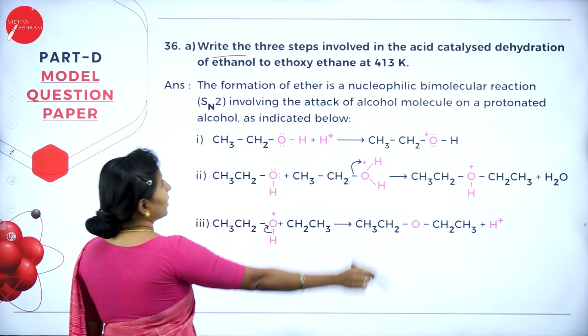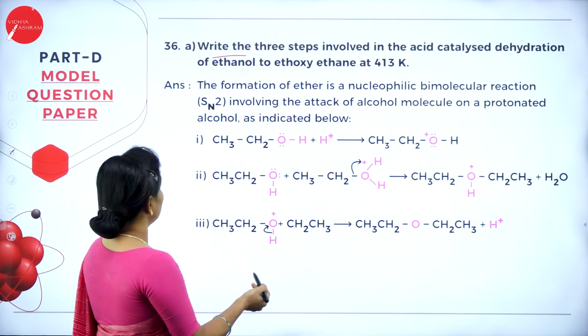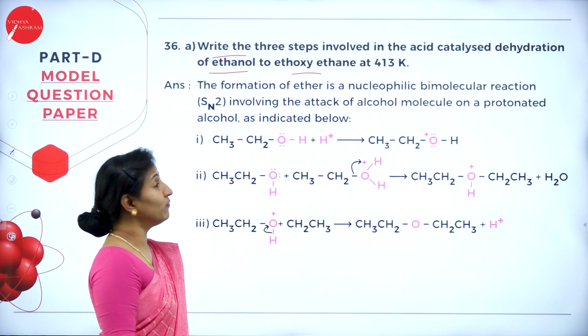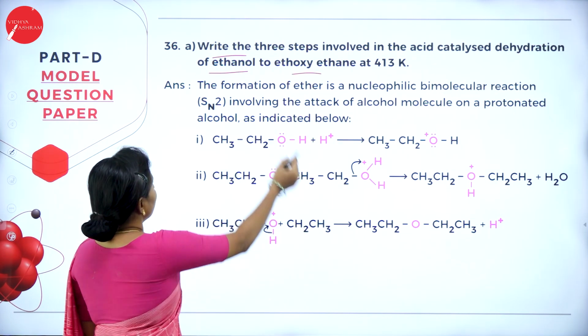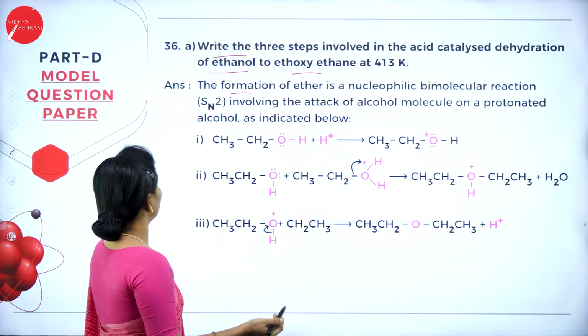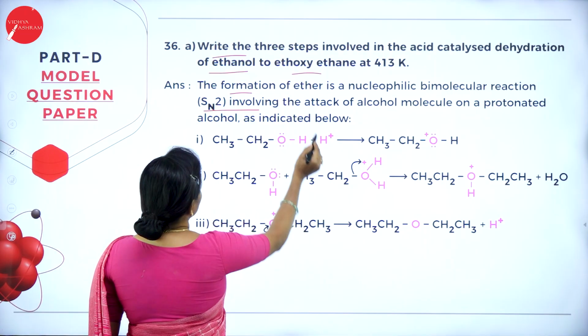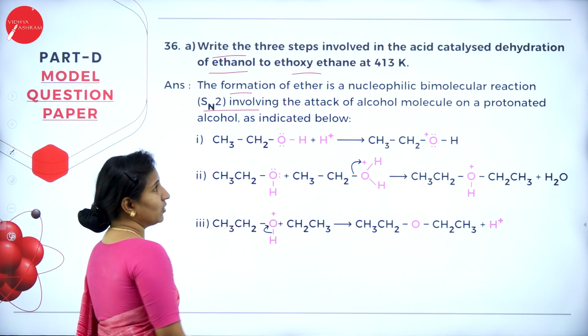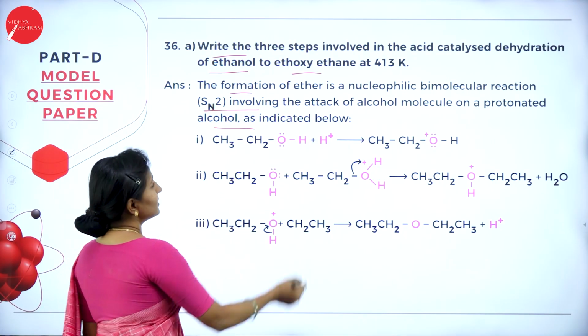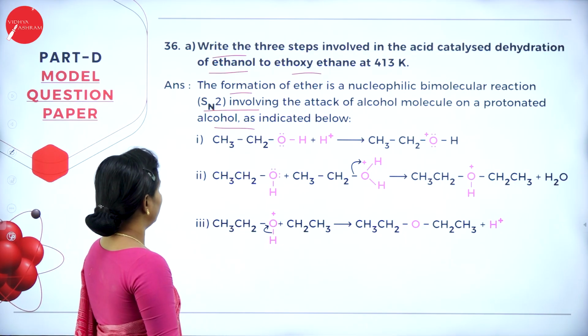Write the 3 steps involved in the acid dehydration of ethanol to ethoxyethane at 413 Kelvin. The formation of ether is a nucleophilic bimolecular reaction, involving the attack of an alcohol molecule on a protonated alcohol, as indicated below.